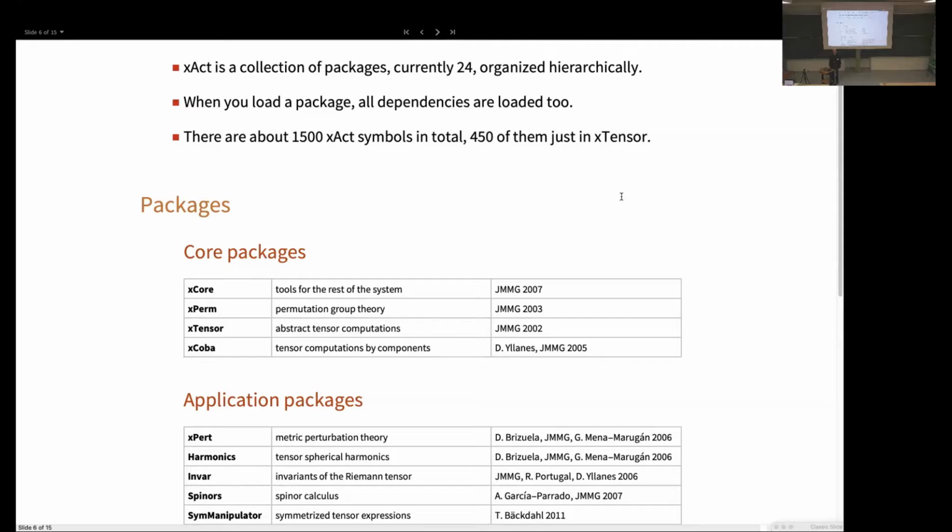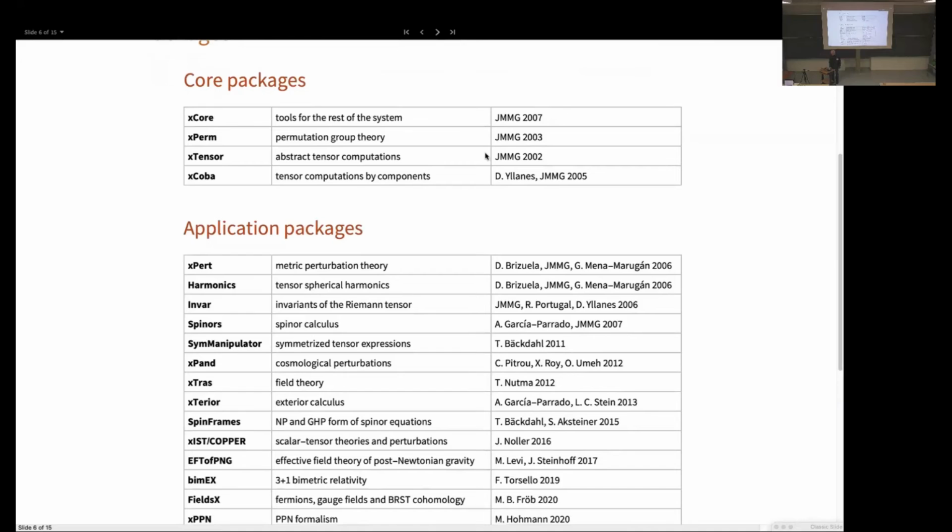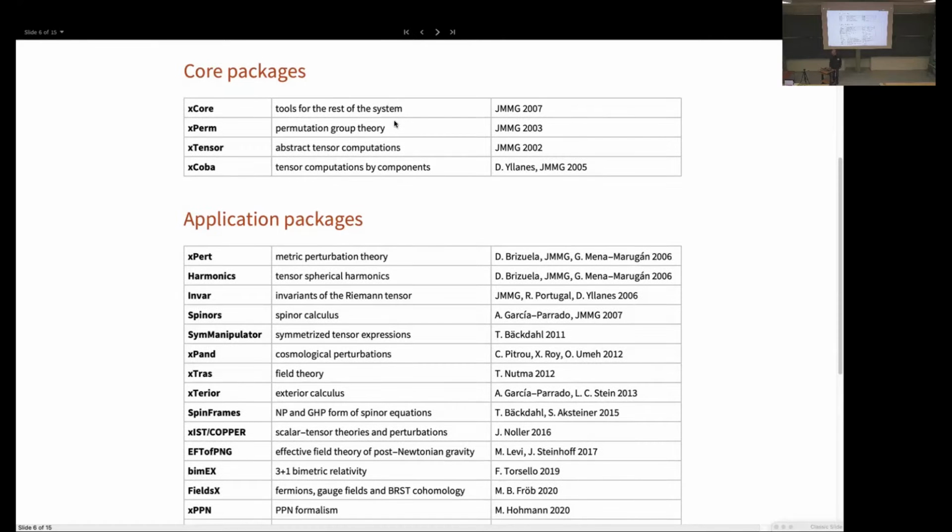This is the package responsible for abstract tensor computation. You will see in a moment. And it has like a third of all those symbols. So the core of the system is based on computational group theory. There is a package dedicated just to that, permutation group theory. Then abstract tensor computations, and then component computation. So these packages and some administration stuff. These are the core packages to do all sorts of computations.